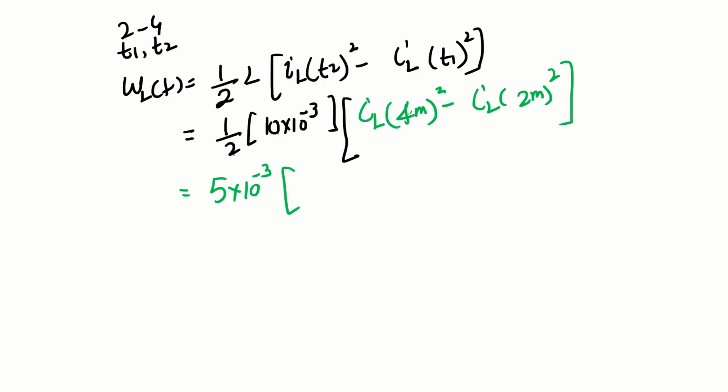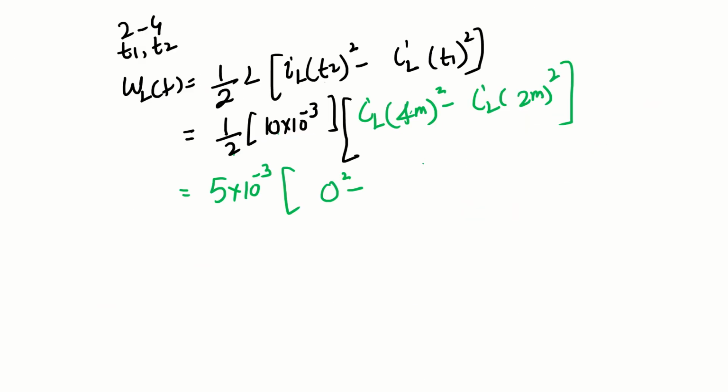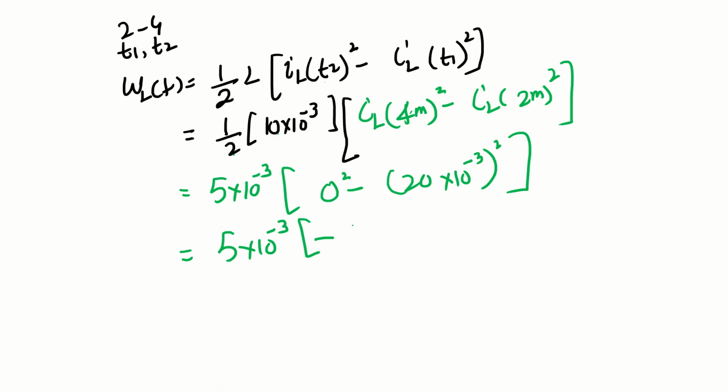The current at 4 millisecond is 0 squared, minus 20 milli squared. What will be the simplified form?